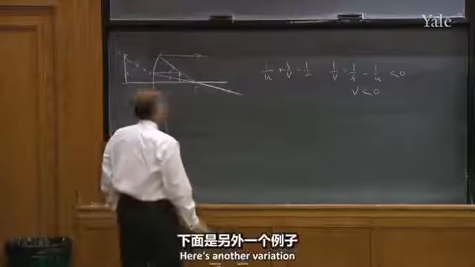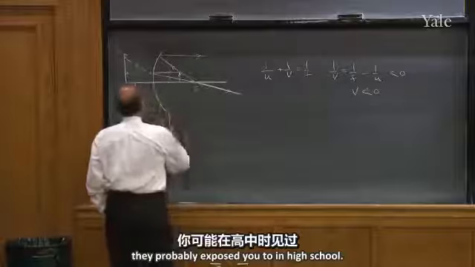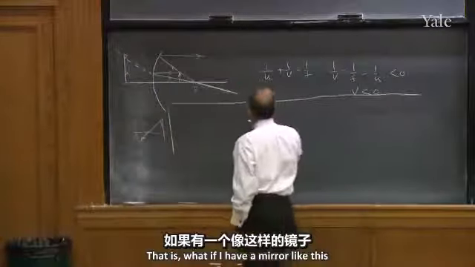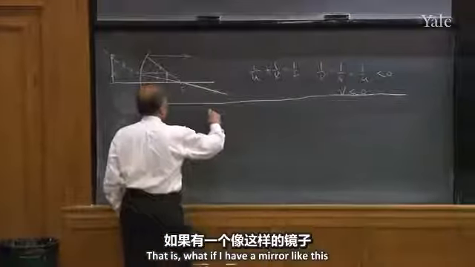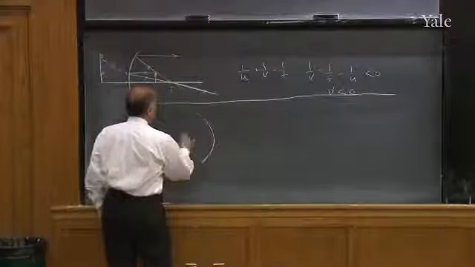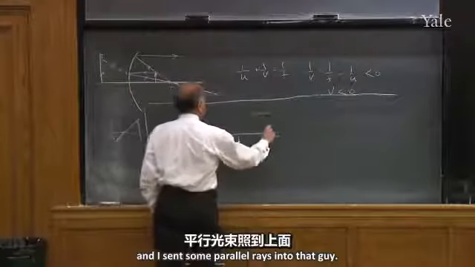Okay, here's another variation. They probably exposed you to it in high school. That is, what if I have a mirror like this? And I send some parallel rays into that guy.